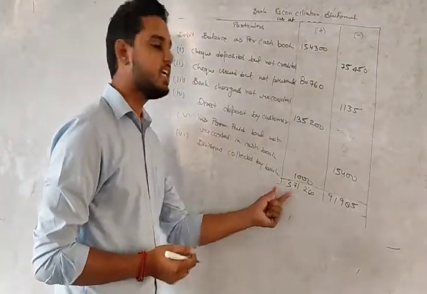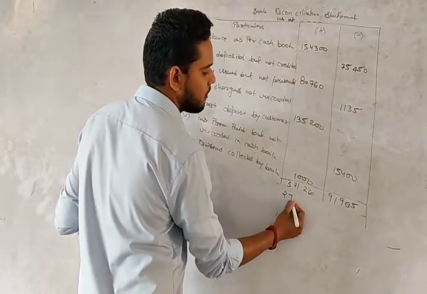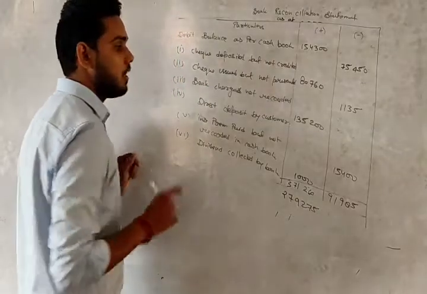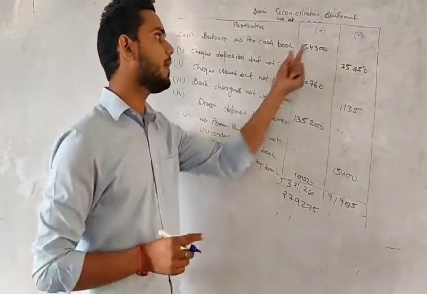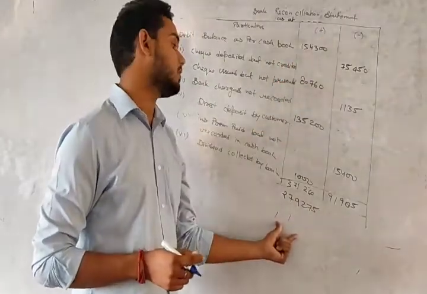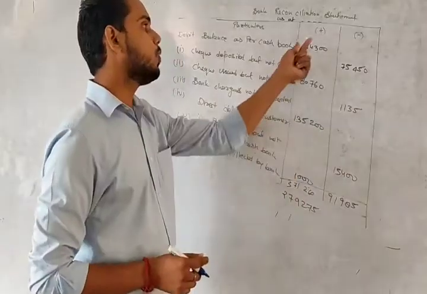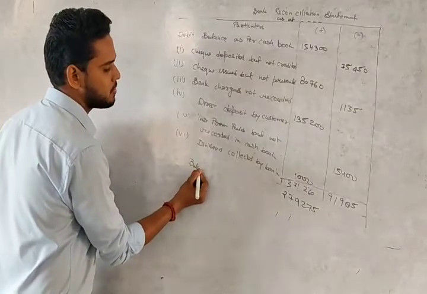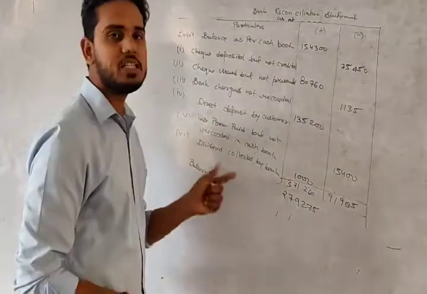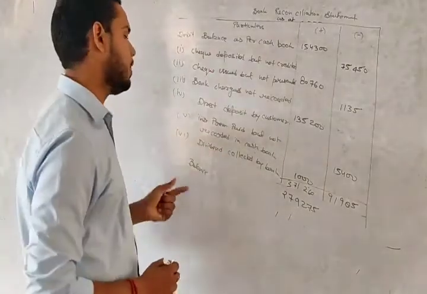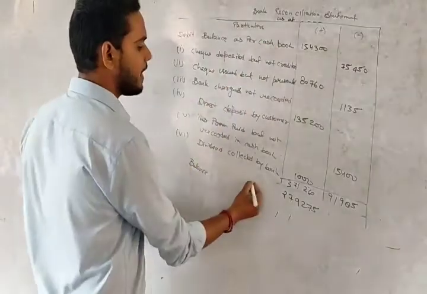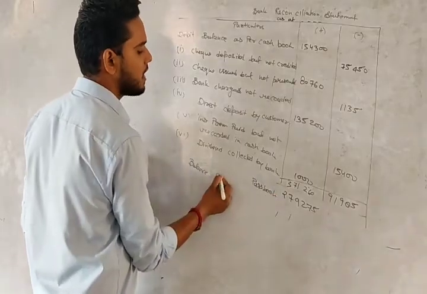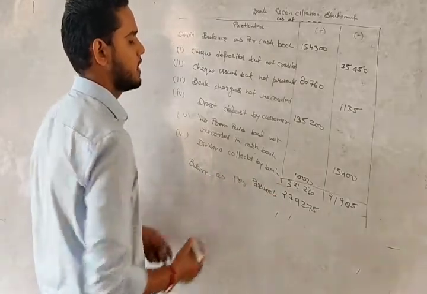Here the plus side is more, so we will write the difference on the plus side, 2,79,275. Since that is the plus side, we will write balance. If it is on the minus side, you will write overdraft. Now you have written cash book, so you will write pass book. So that is balance as per pass book.